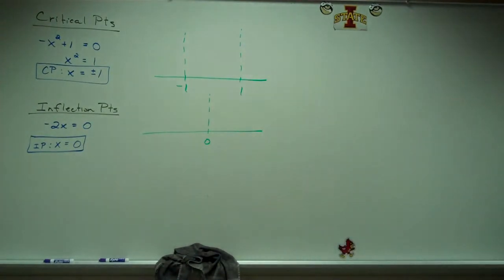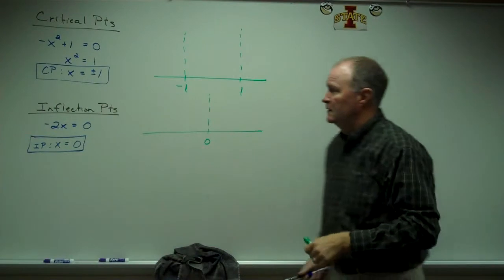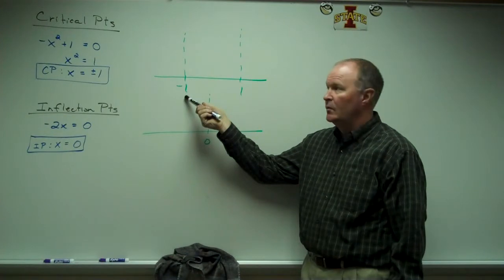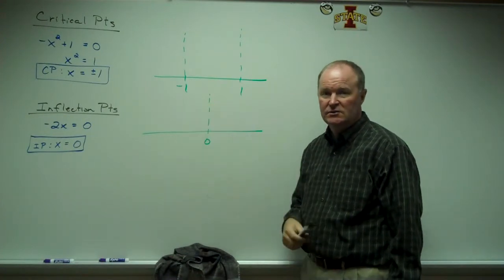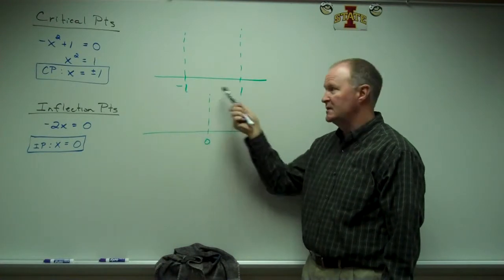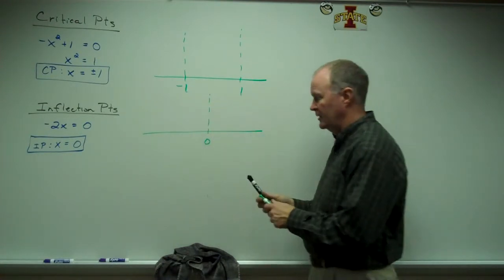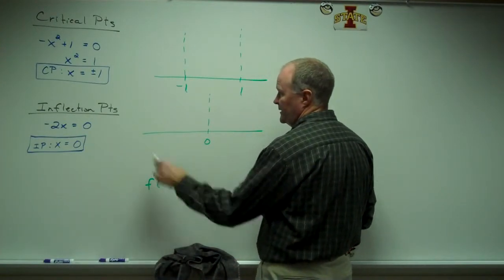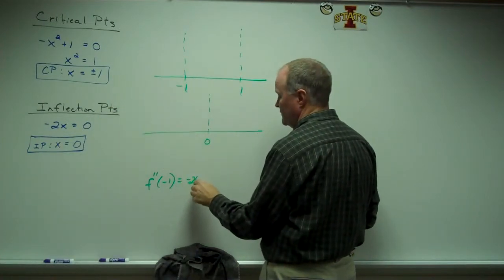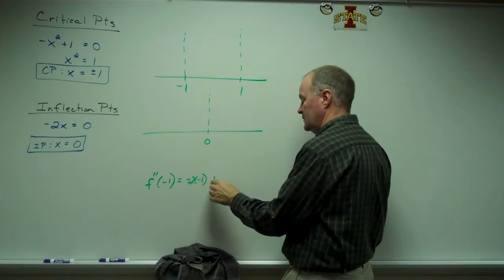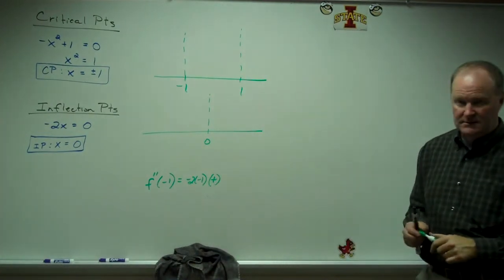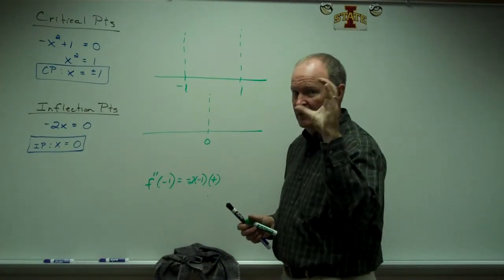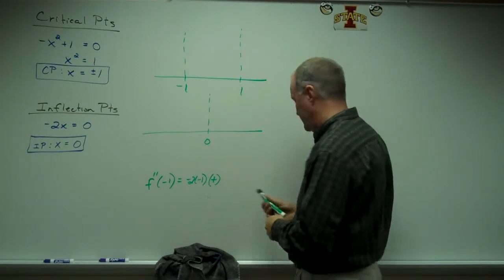To decide what I need in the second derivative, I need to decide which these are. So I take the -1 and plug it into the second derivative. That tells me -2 times -1, which is 2, greater than 0. If it's positive when I plug it in, it's concave up, which means minimum.